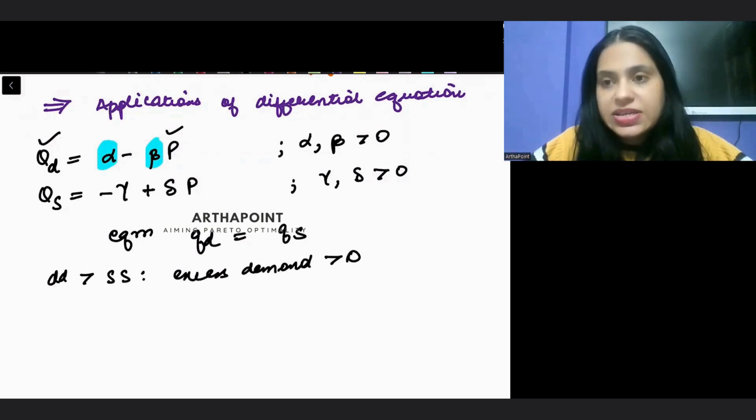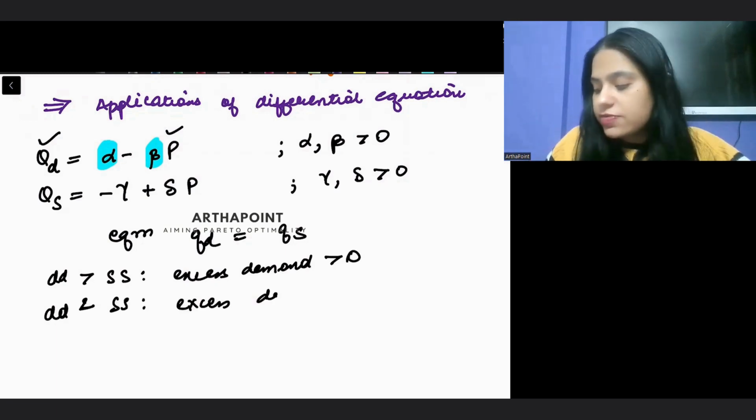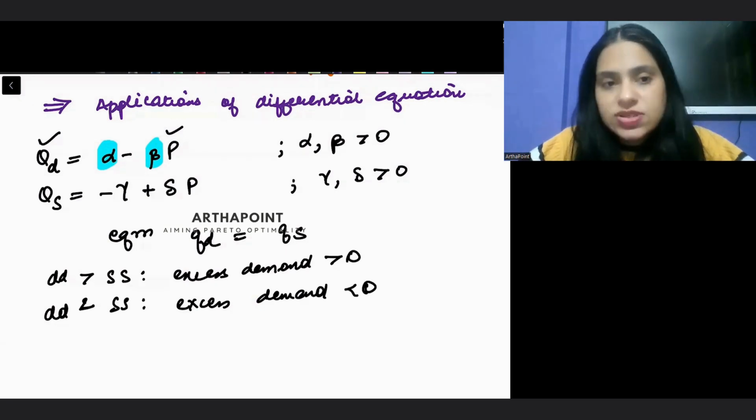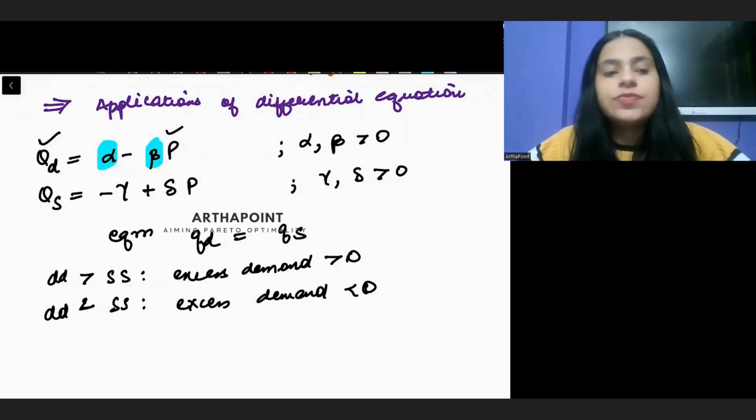Demand minus supply is positive. And if we have demand less than supply, then the excess demand is negative. But under the usual circumstances, we want to ensure that demand and supply are equal to each other.